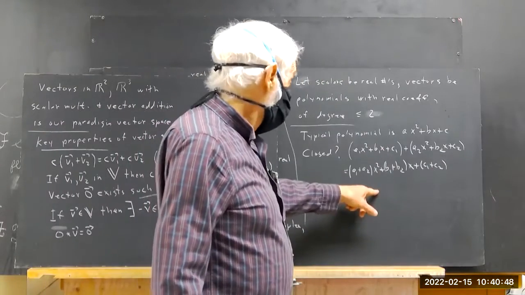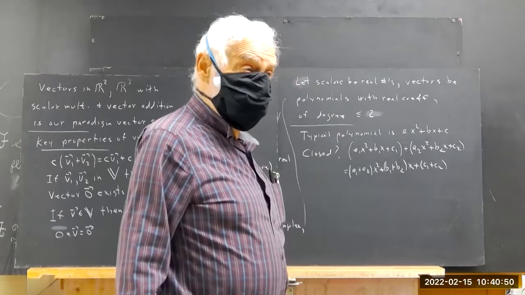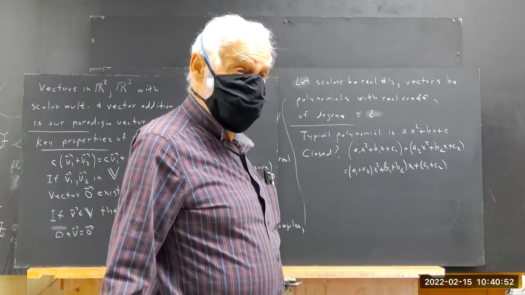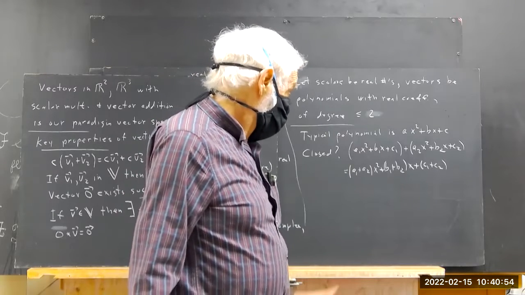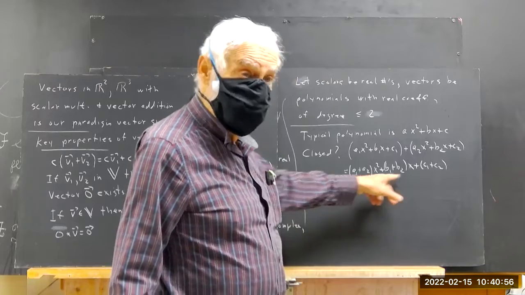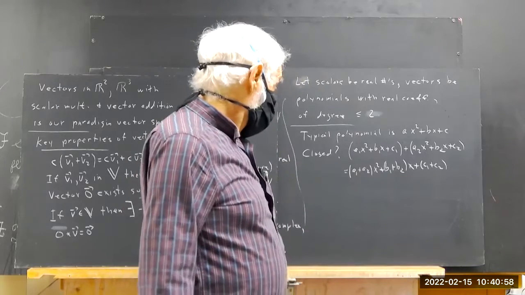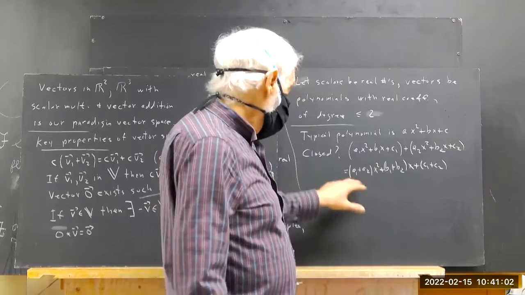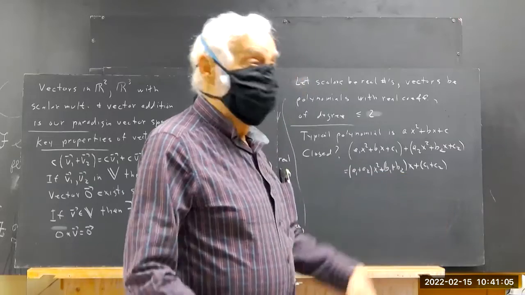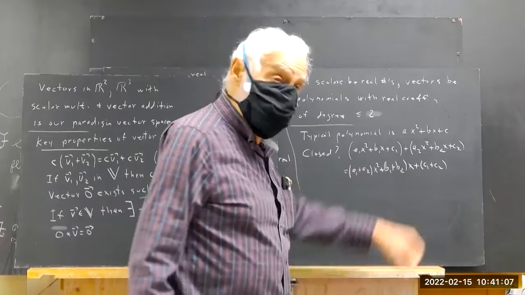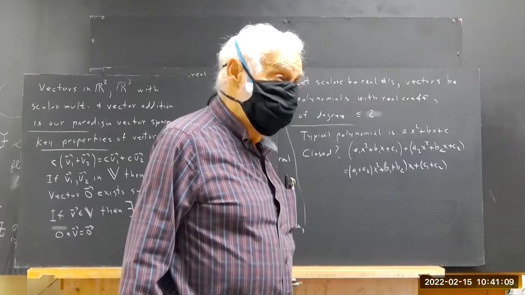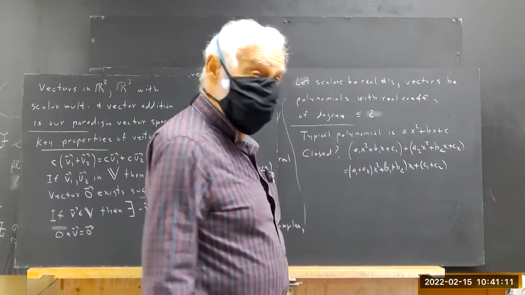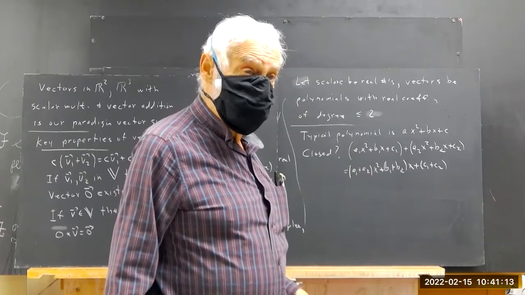Well, is that a polynomial of degree less than or equal to 2? Yeah, the degree is 2, right? The highest power of x is the square. And if all your coefficients are real, then when you add two coefficients, they're all going to be real. So this is all real coefficients, right? So this is a polynomial of degree less than or equal to 2.